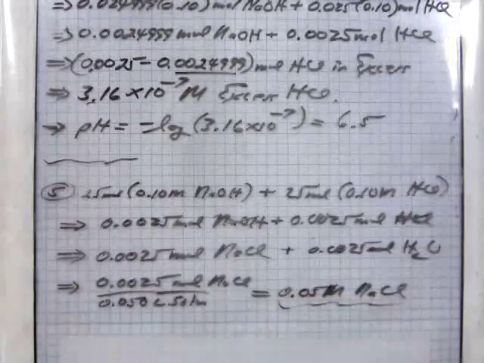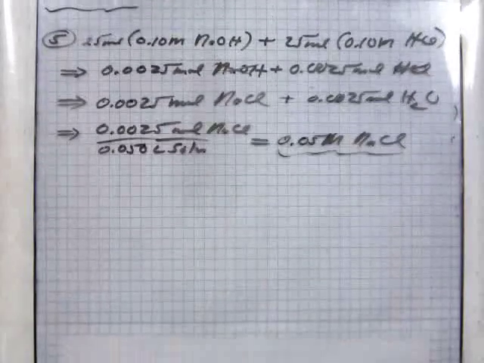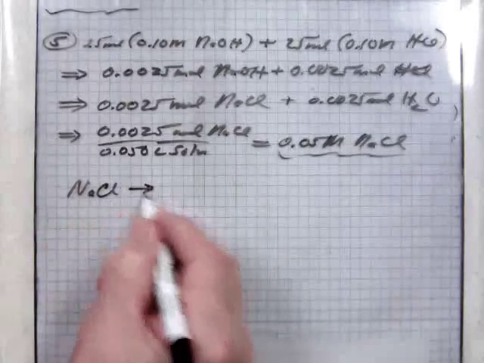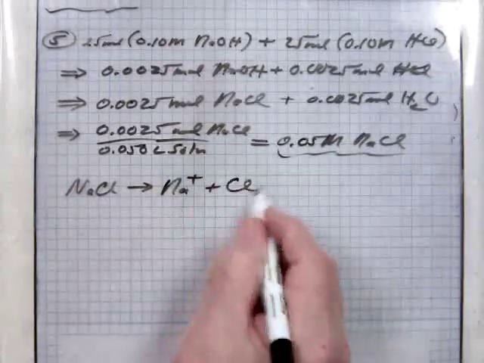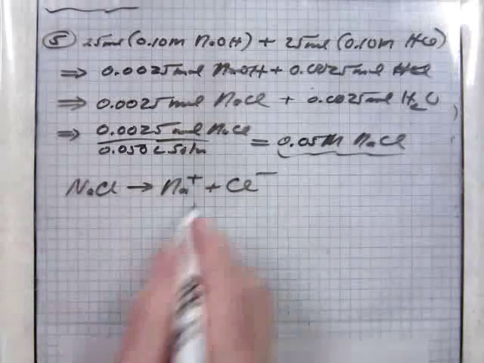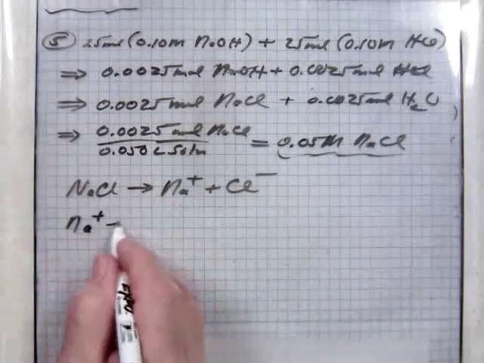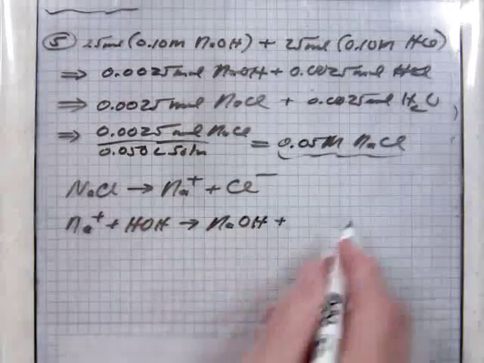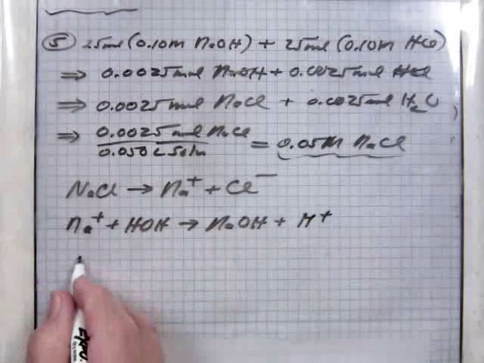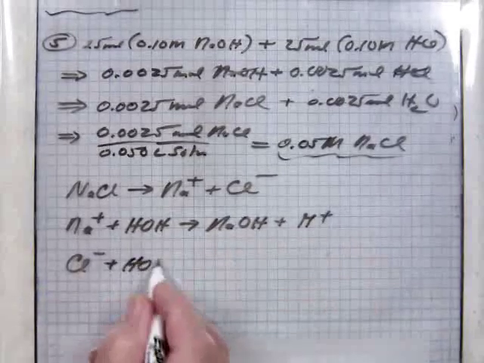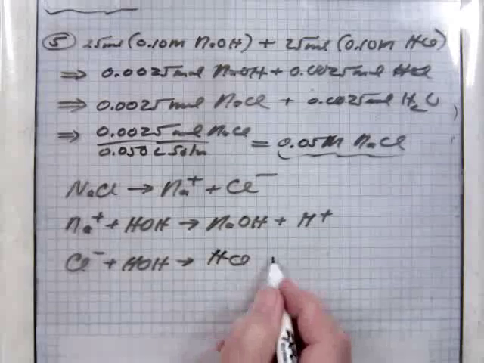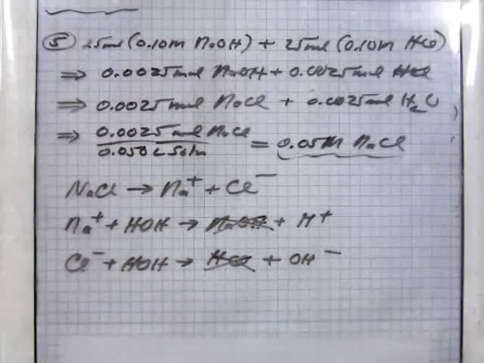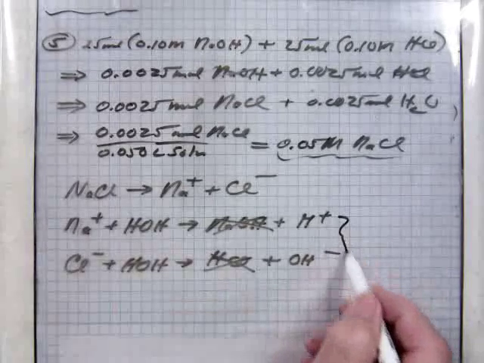Well, as you may recall from our work on hydrolysis, when we look at sodium chloride, it goes to sodium plus chloride, just to review this, and we test the sodium with water. We get sodium hydroxide plus an extra hydronium, or chloride plus HOH gives us HCl plus an OH. However, because these are strong electrolytes, no reaction occurs.